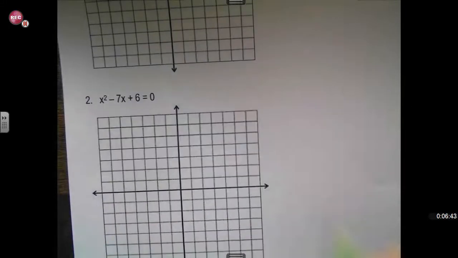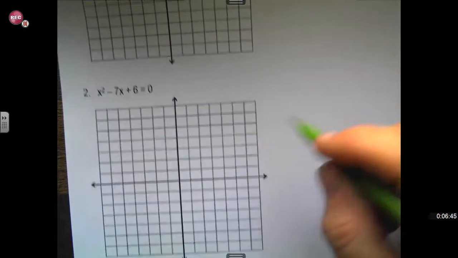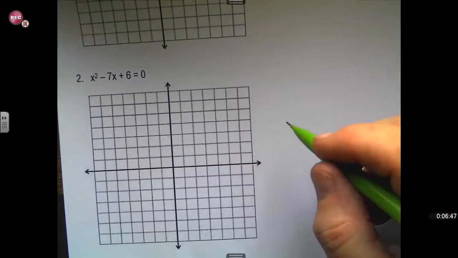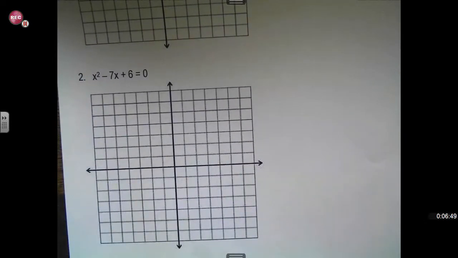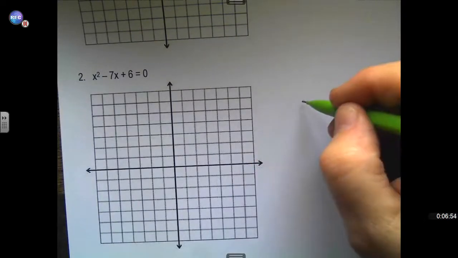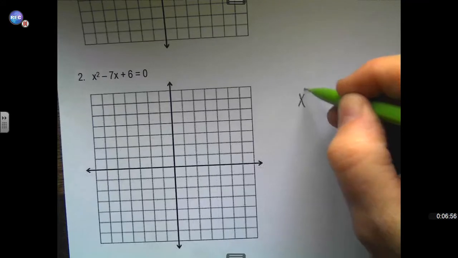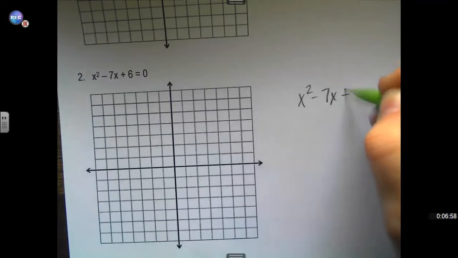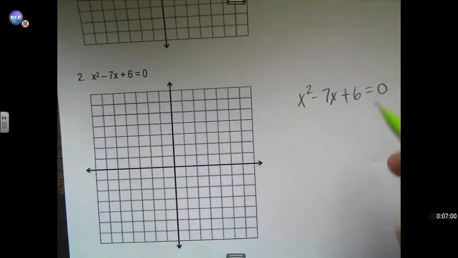Down here, I would probably do the same thing, because if I were to go to graph that, I'm going to be graphing fractions, and I don't want to do that if I don't have to. So does that thing factor, x squared minus 7x plus 6? I think it does.